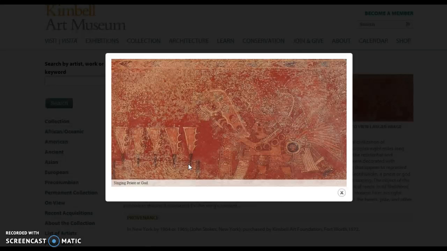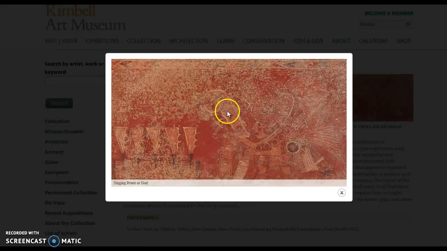The officiating figure holds an incense bag in his left hand with a flower-decorated water stream from his right. So these right here. Proceeding from his mouth is a large speech scroll edged with vegetation, probably meaning flowery song, and other symbols in the scroll stand for the song's content.